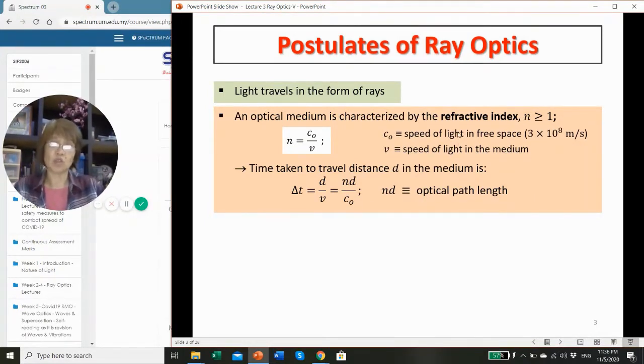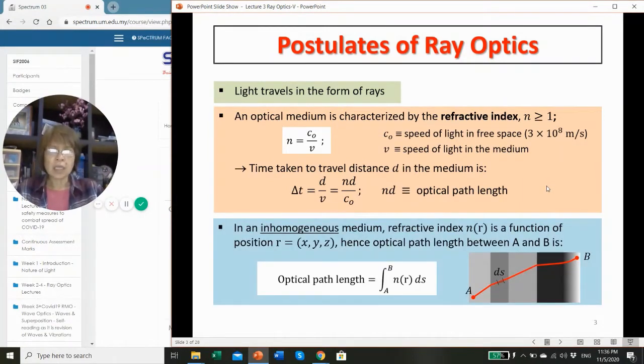In a medium, usually the refractive index would be larger than 1, because the refractive index in air is equal to 1. Now, in a medium that's not homogeneous, the refractive index would be a function of the position, because, for example, traveling from A to B, it passes through regions of different refractive indices.